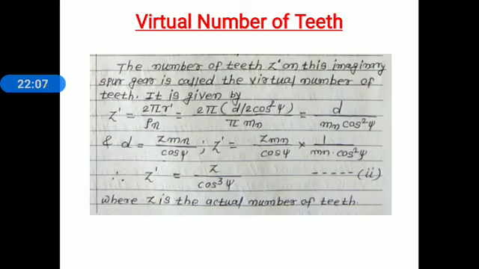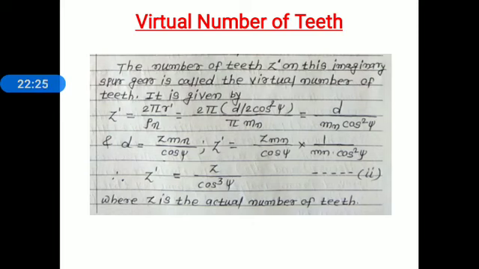How to obtain the virtual number of teeth? Z dash is equal to 2 pi r dash divided by the normal circular pitch, p suffix mn.